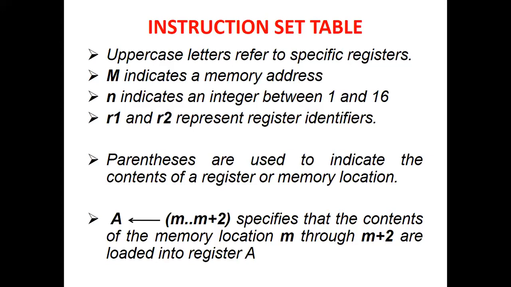So my M is 5, and M plus 2 is 7. That means the contents of that particular memory location. When I put the arrow pointing to the left and A, it means the contents of those 3 memory locations are going to be put into the accumulator.